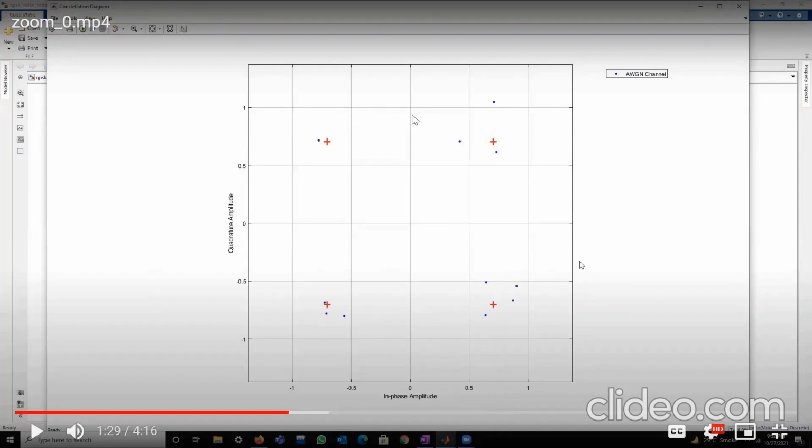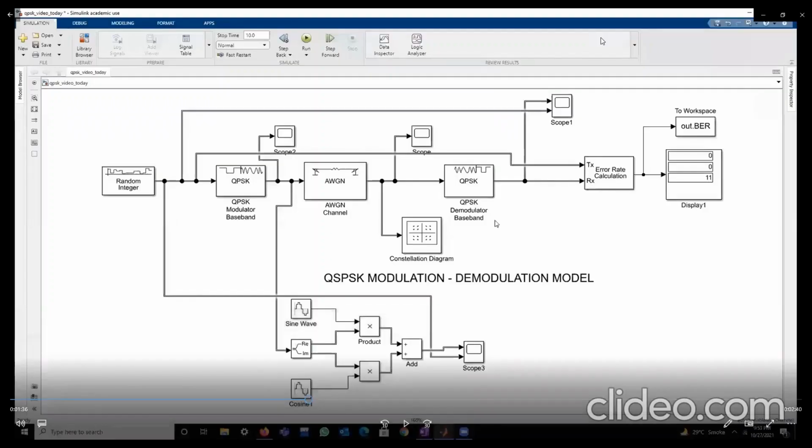For this constellation diagram, the main thing we need to focus on is that the points should be close to the signal point. The more the points are focused, the better. From this, we conclude that when the SNR is high, then the quality of the signal is high because the dots are more concentrated near the 4 points.